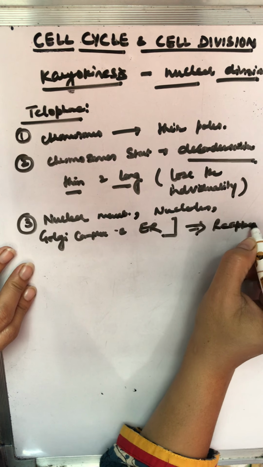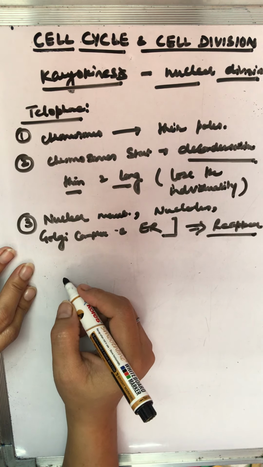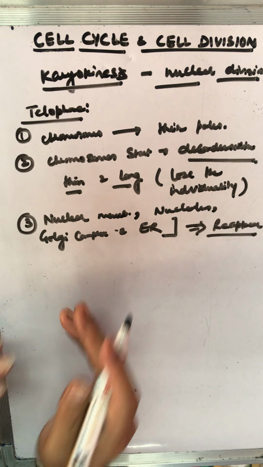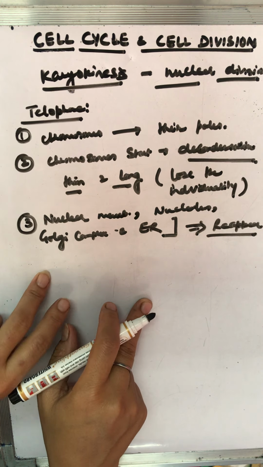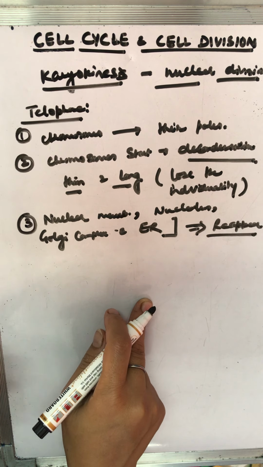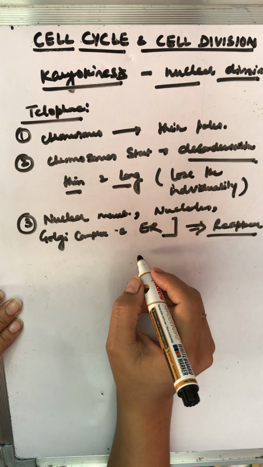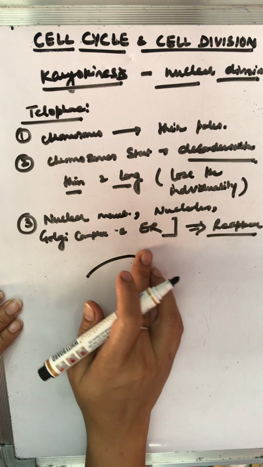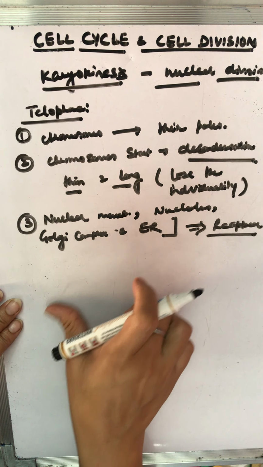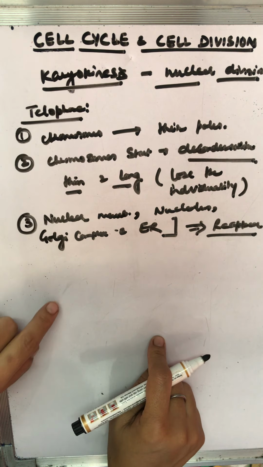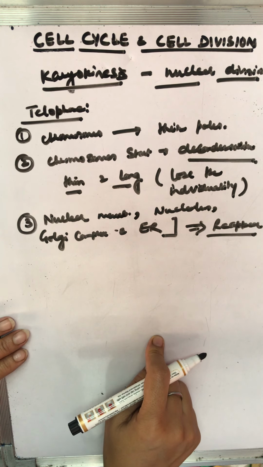Reappear. Okay. Now, basically what is happening? Chromosome clusters, they will reach the poles and identity is lost. Nuclear envelope, it assembles around the chromosome and automatically nucleoli, Golgi, endoplasmic reticulum, these all are formed.